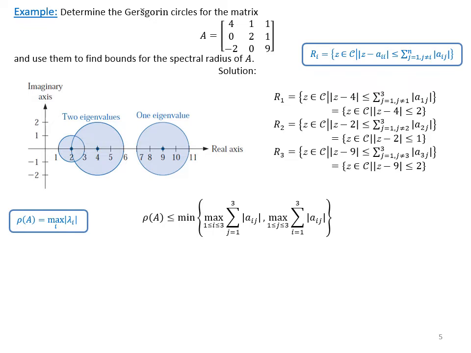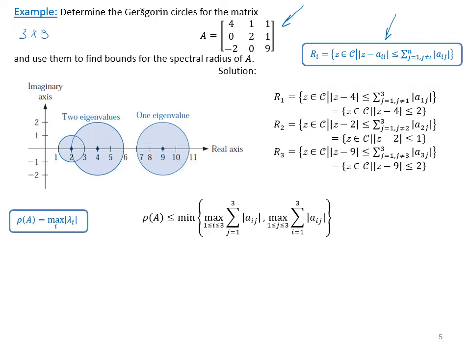Now let's solve an example. Determine the Gershgorin circles for the following matrix A and use them to find bounds for the spectral radius of A. So we have a 3 by 3 matrix. As a consequence, we have 3 eigenvalues, and hence we should find 3 circles. Based on the Gershgorin theorem, a circle can be described as shown by the formula in the blue box on the right side.